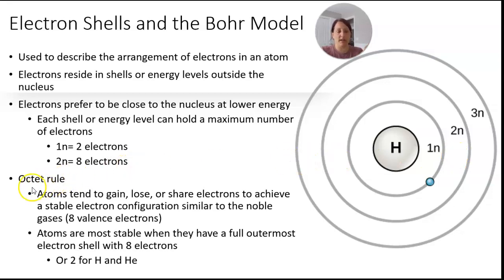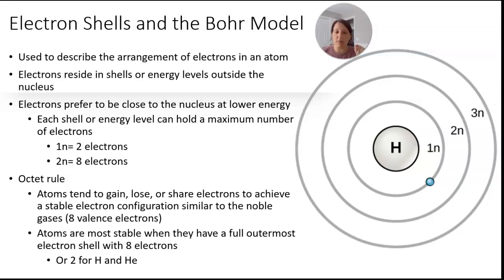So if we come back over here, the octet rule: atoms like hydrogen and carbon and oxygen, every atom that we're going to talk about, they're going to tend to either gain, lose, or share electrons to achieve a stable configuration similar to that of the noble gases.